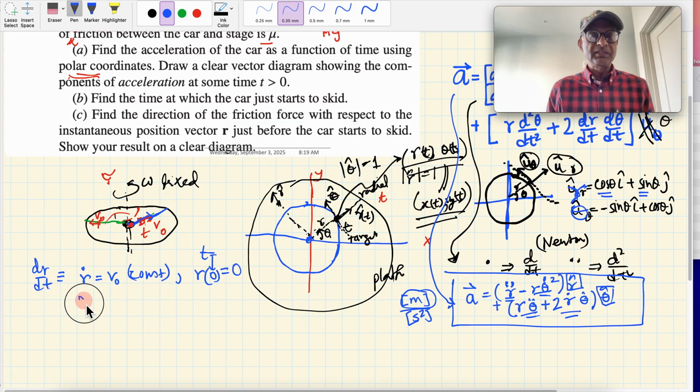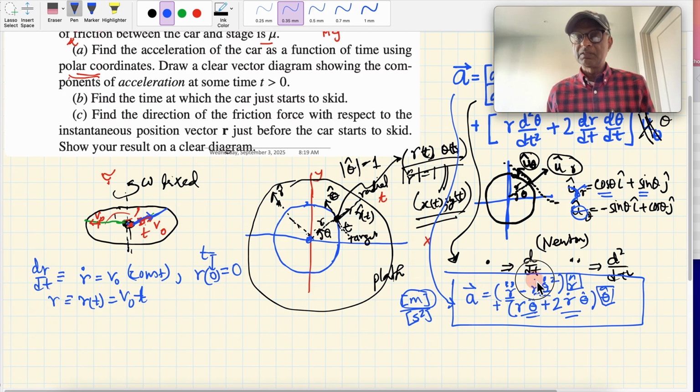So we can just say r at any time t will be just v0 t, right? Because you just integrate this, or just multiply this by the constant. So this is the r part. So all these r's we know.